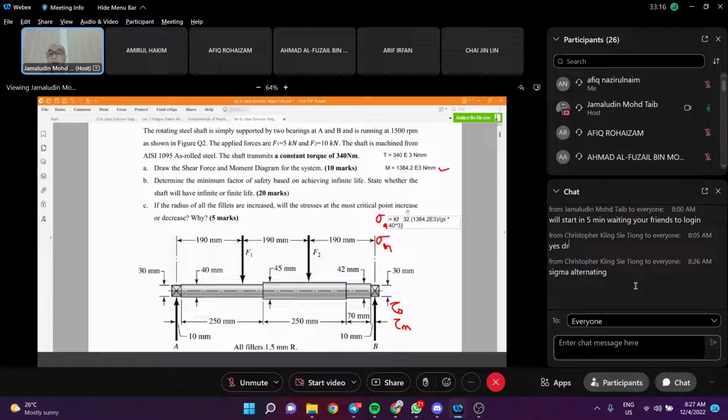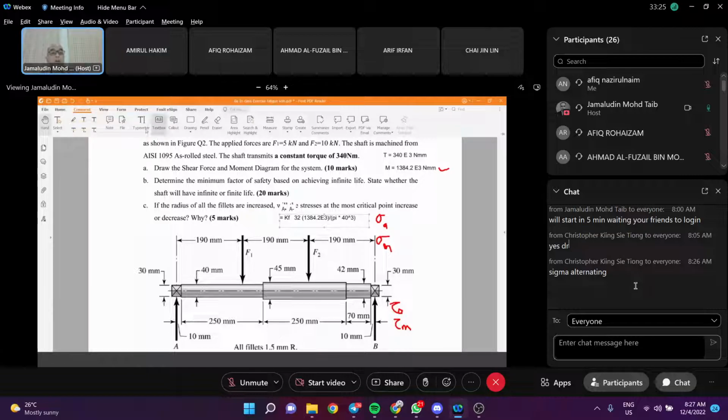That will be the diameter. Okay, I just bring it here. Okay, too long now. Right, that will be for the moment. That means the mean will be equal to 0. There is no mean.